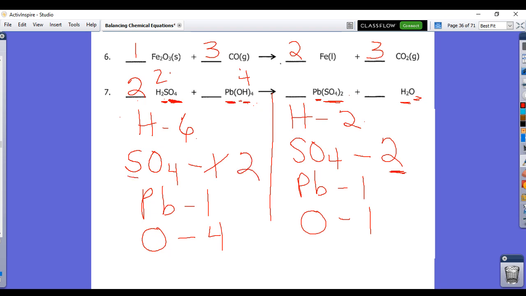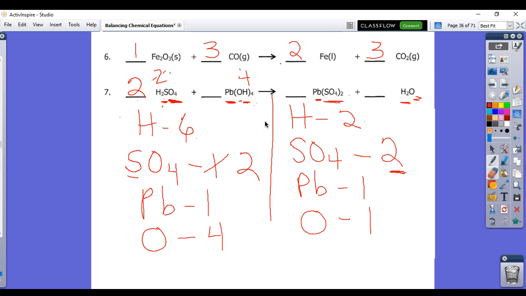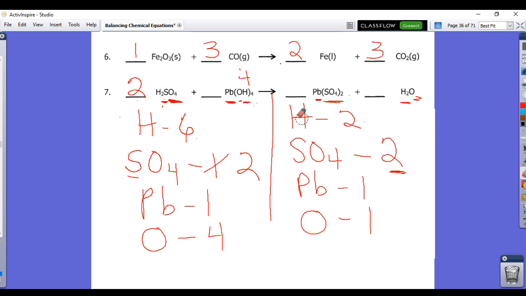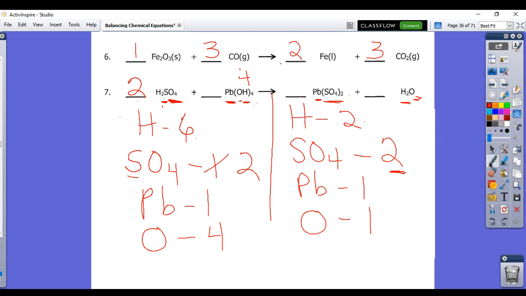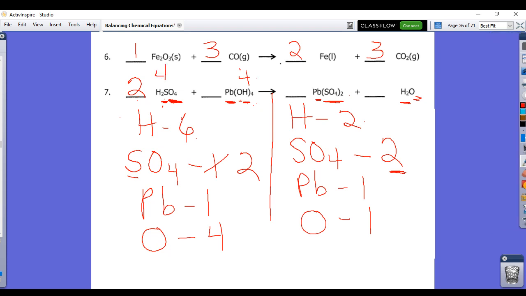Really, that's 2 sulfurs and 8 oxygens, but we're keeping the SO4 together. All right, now that changes my hydrogen, 2 times 2, now that's 4. Let me erase that so we won't have so many numbers. So it's no longer 2 right here for the hydrogen. We now have 4 here. Plus there's 4 here. So now we have a total of 8.